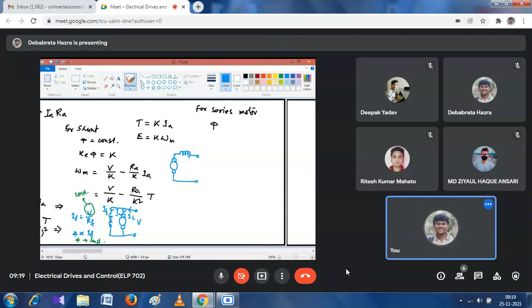Suppose this is a series motor. This is V, this is IA, and this is IF. So similarly for series motor, phi should be proportional to IF, and we can easily see for series motor IA is equal to IF, so we can write it proportional to IA.